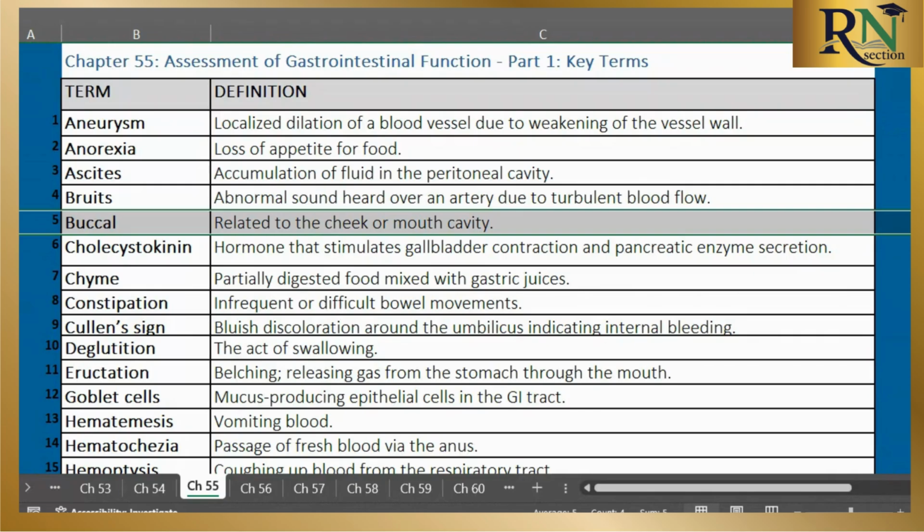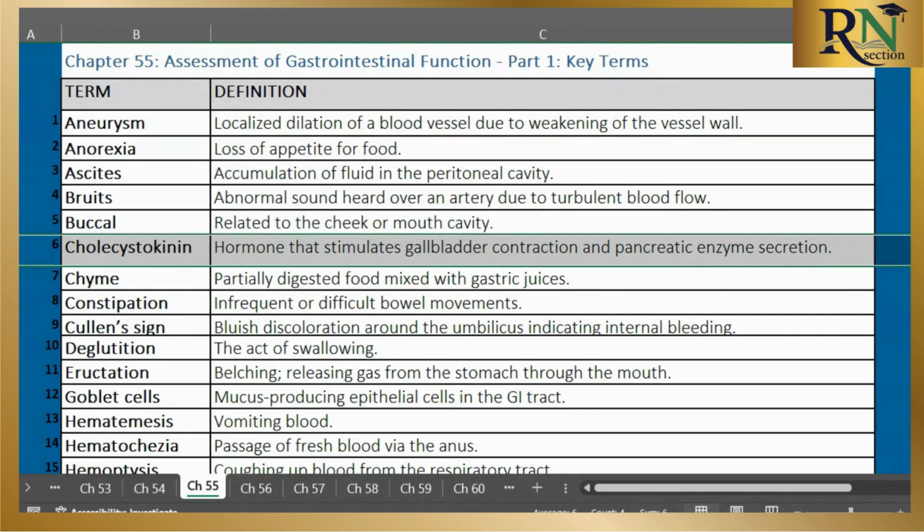So buccal is the cheek. Cholecystokinin: a hormone that stimulates gallbladder contraction and pancreatic enzyme secretion. So CCK is a bile and enzyme mover.